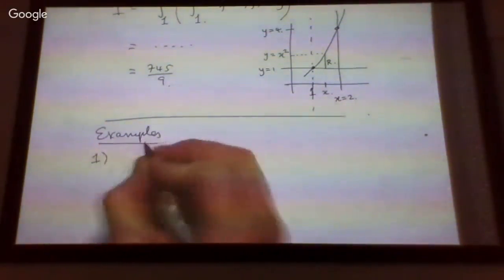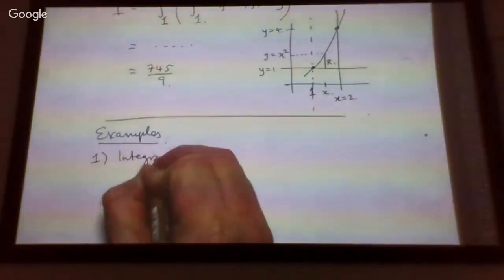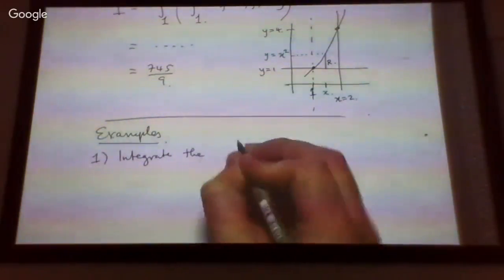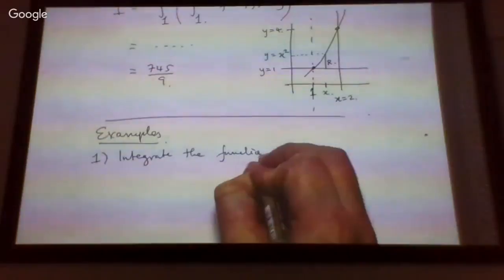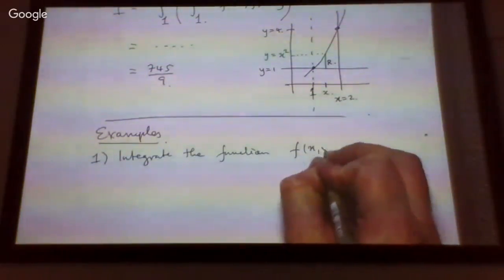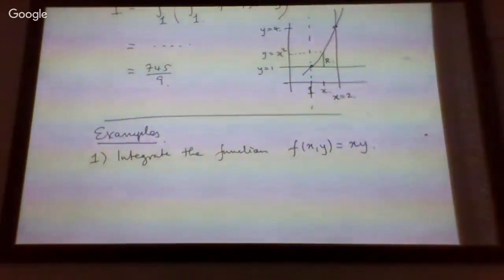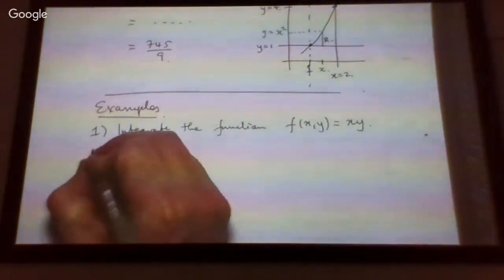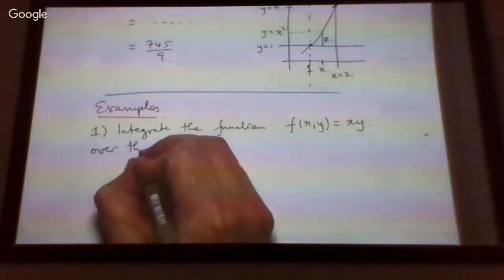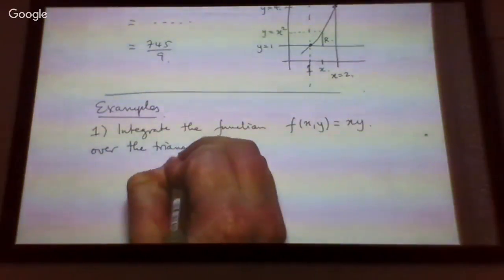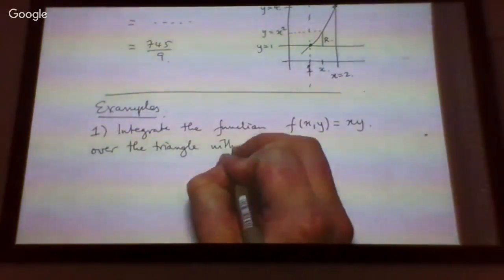The first example I'd like to look at is to integrate the function f of xy. Now just take the product of the two variables. So x times y. Integrate this over the triangle with vertices.